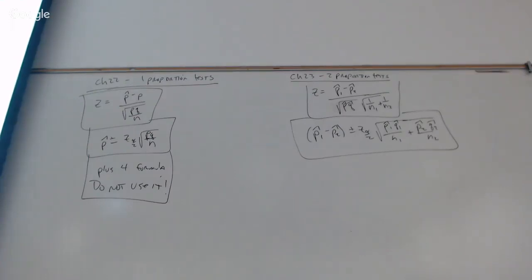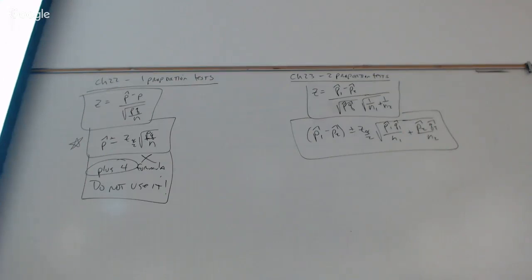So just do not use the +4 formula, okay? It's a different formula, in section 22.5. I want you to use this formula here. It's the more common formula, and it's the better formula as far as I'm concerned. Okay? So the book is different. Use my formula. You can read through it.